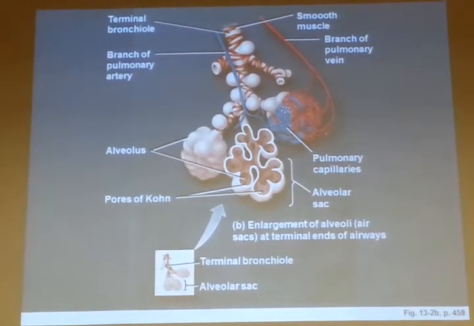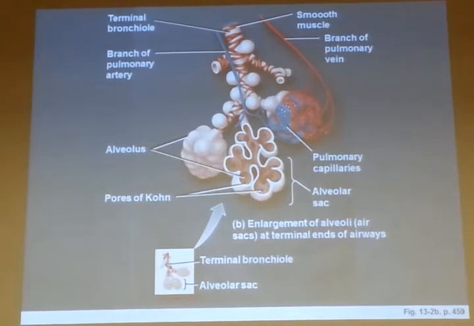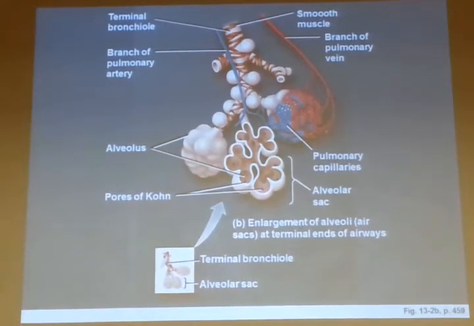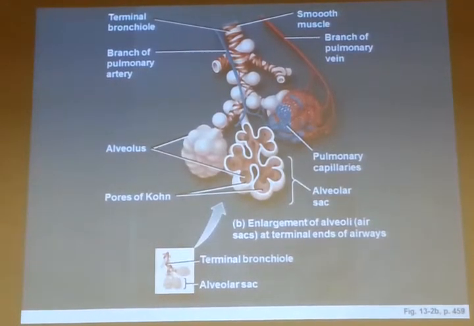Smaller volume should mean we have higher pressure. But surfactant equalizes the pressure in the alveoli so that small and large alveoli have the same pressure. So they both stay open. Nobody's shoving their air into their neighbor and closing down.